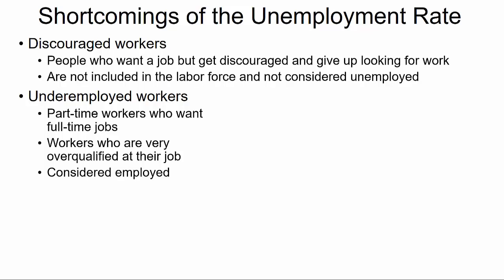An example of this would be somebody who goes to school, they get a PhD, but they can't get a job in their field, and instead they're working at a restaurant. Okay? That would be an underemployed worker. Or it could be somebody who would prefer full-time work but could only find a part-time job.